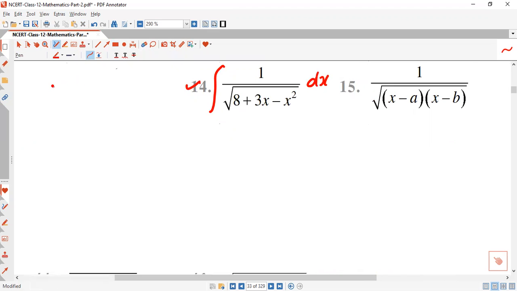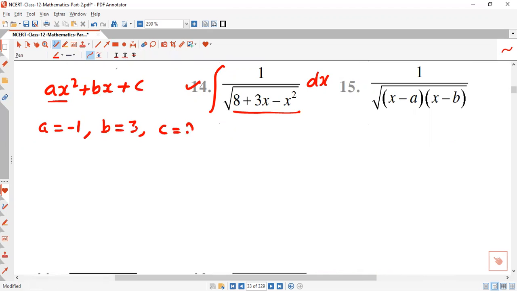Again, we compare with the standard one, ax square plus bx plus c. Compare: a comes out minus 1, b comes out 3, and c comes out 8.